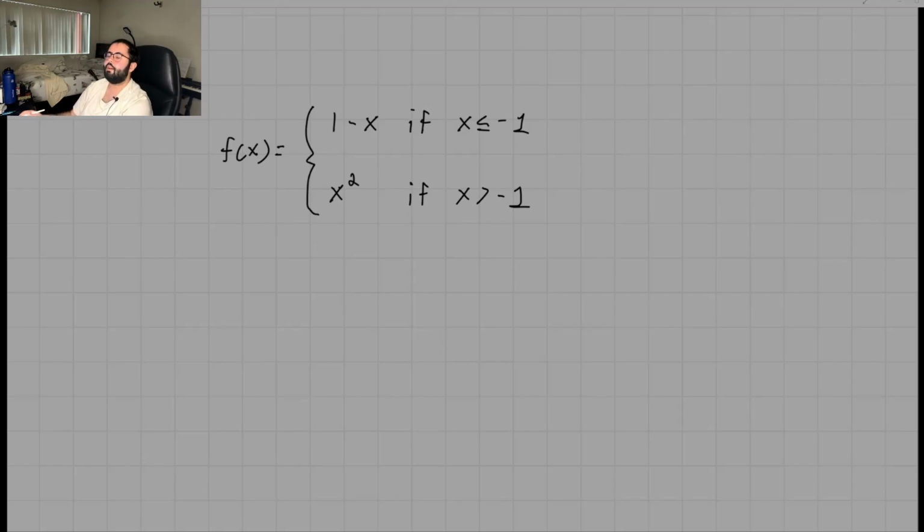Notice that this does not go against our definition of what a function is. The reason why it doesn't go against it is because of this less than or equal to sign. If both of these functions here were defined at x is equal to -1, this would not be a function anymore. But because this one is equal to -1 and this one is only greater than -1, we do have a function.